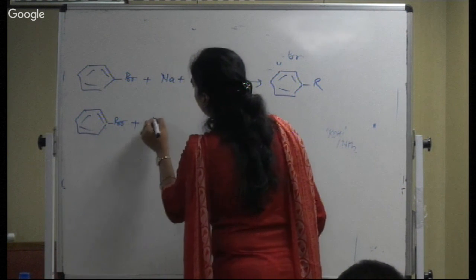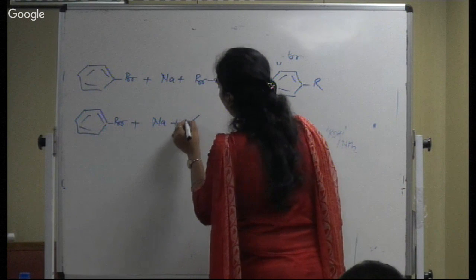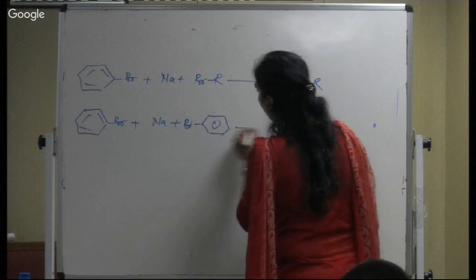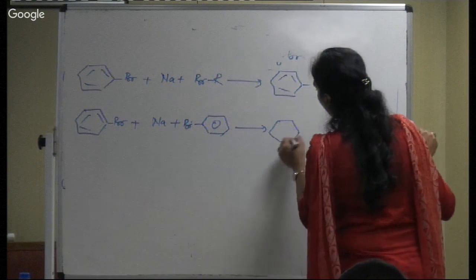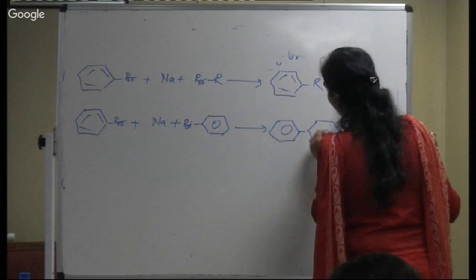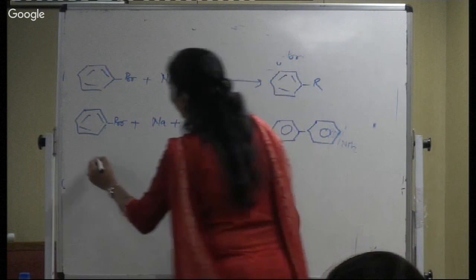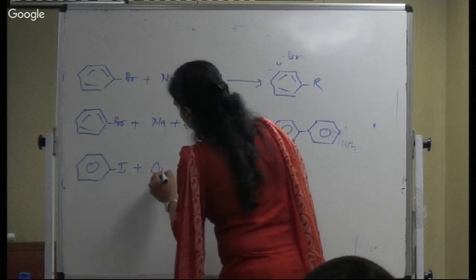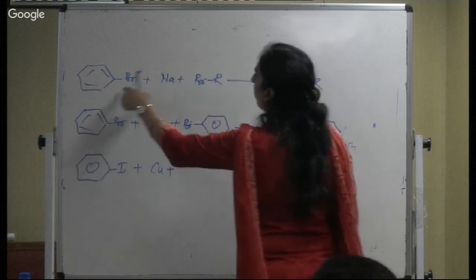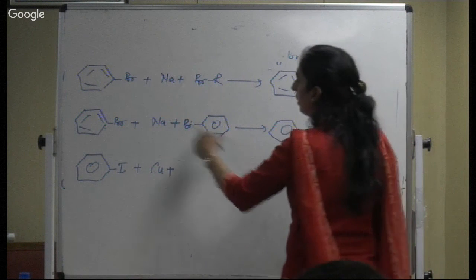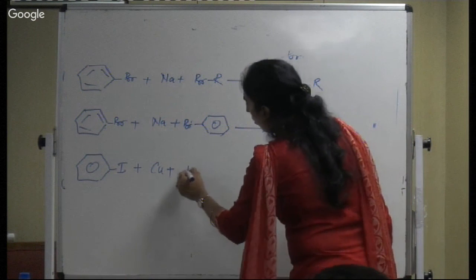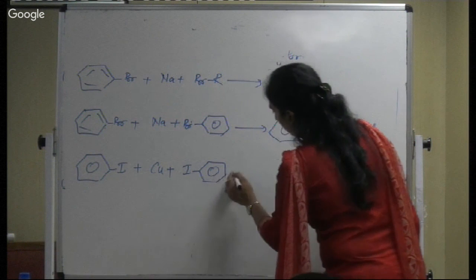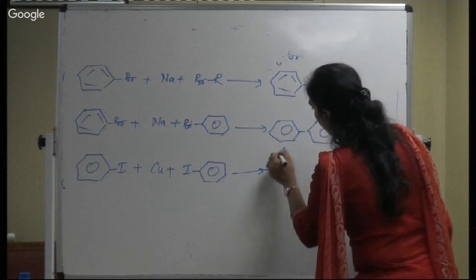Treat it with any other aromatic ring. Usually we don't take different rings because multiple products are being formed. That way you can prepare biphenyl. And if you are using iodide with copper, this is called Ullmann reaction. This is Fittig reaction and this is Ullmann reaction. You'll get the same product.